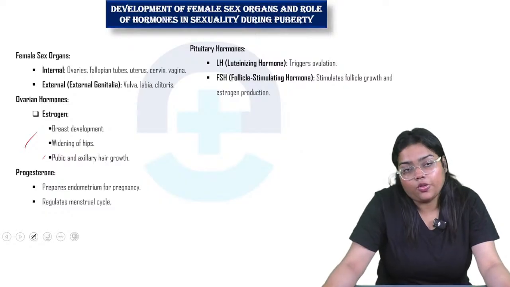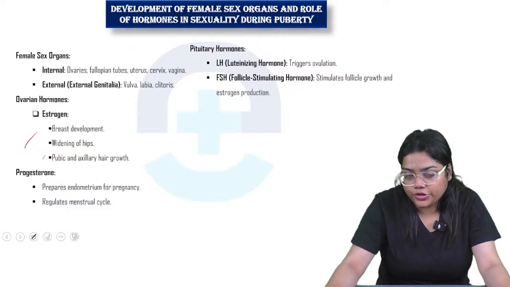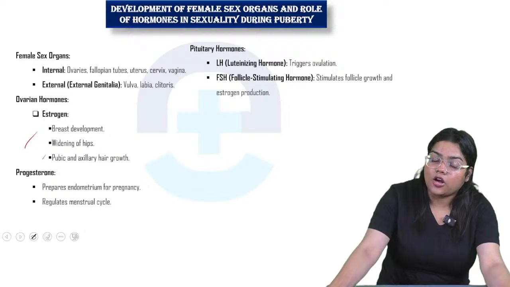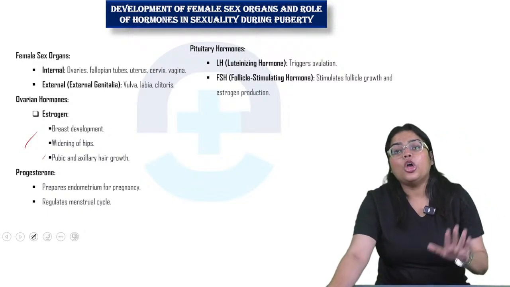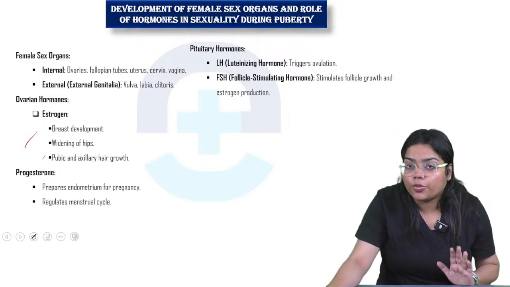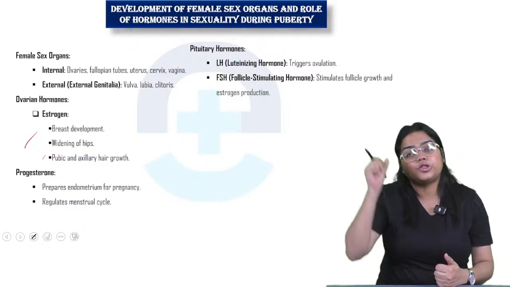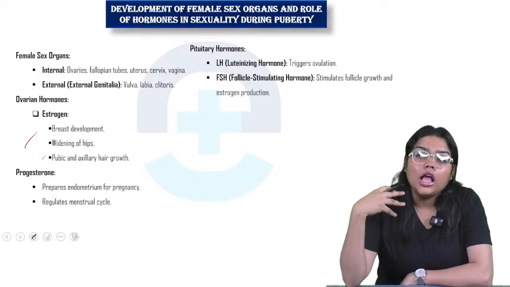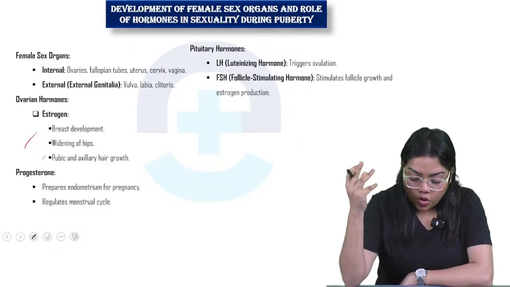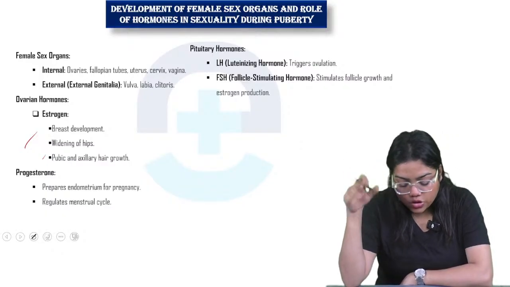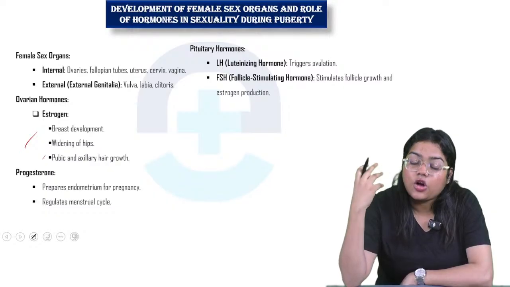Then pituitary hormones. Two types of pituitary hormones are there: luteinizing hormone and follicle stimulating hormone. So what will follicle stimulating hormone do? Follicle stimulating hormone helps to increase the growth of the ovum. The luteinizing hormone triggers the ovulation.